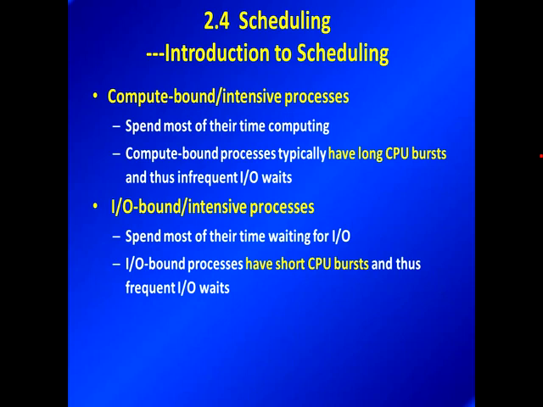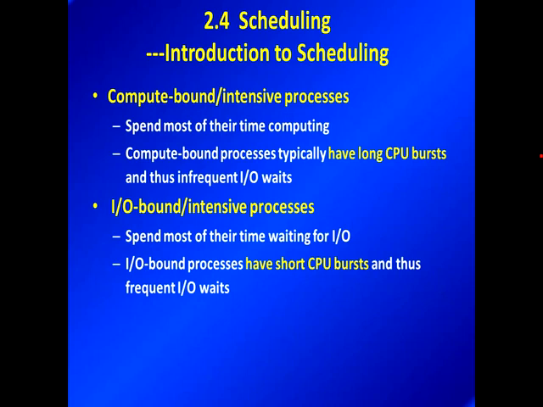For example, Word is kind of I/O bound because it needs to receive the typed characters from the users. And this takes a lot of time to get those inputs.